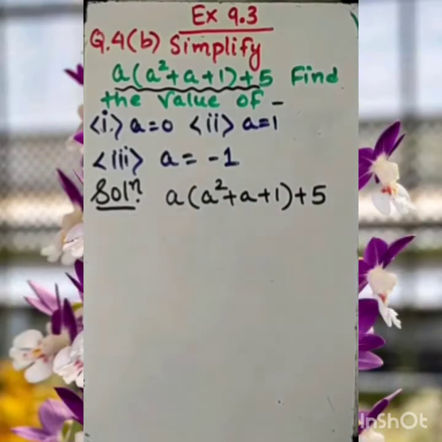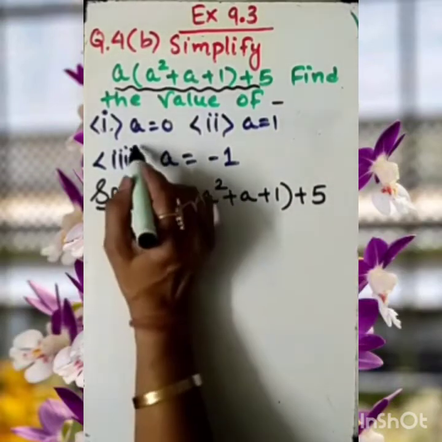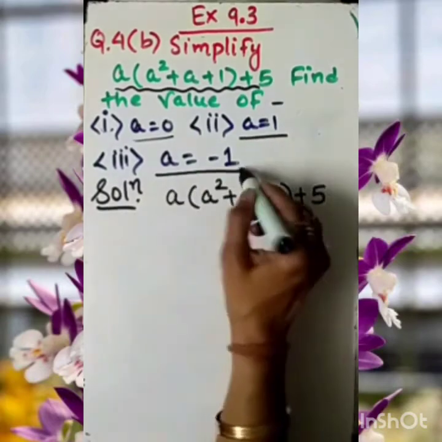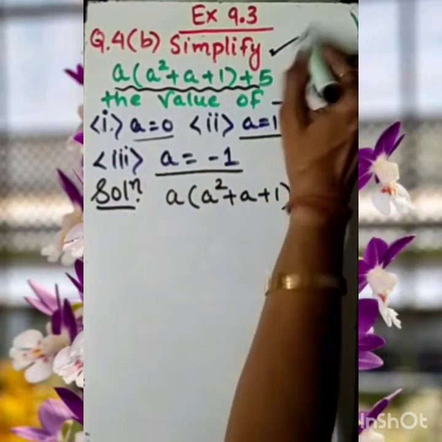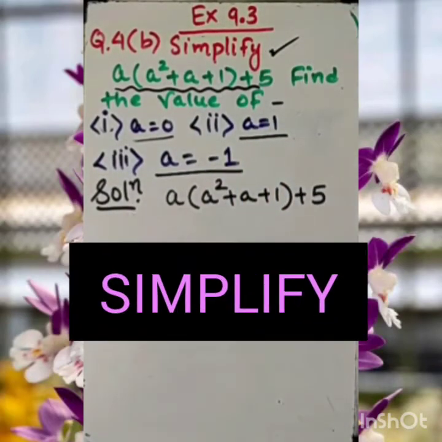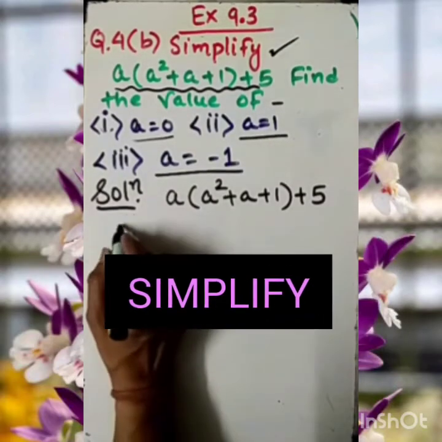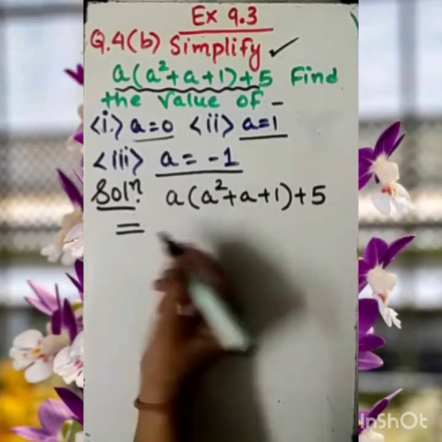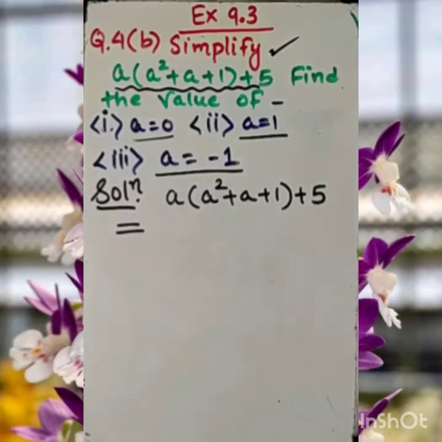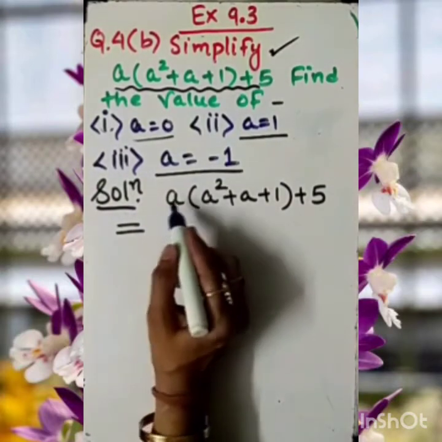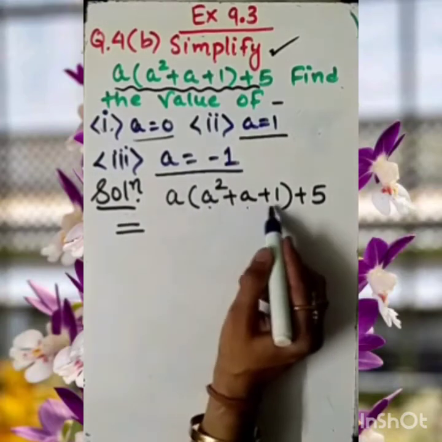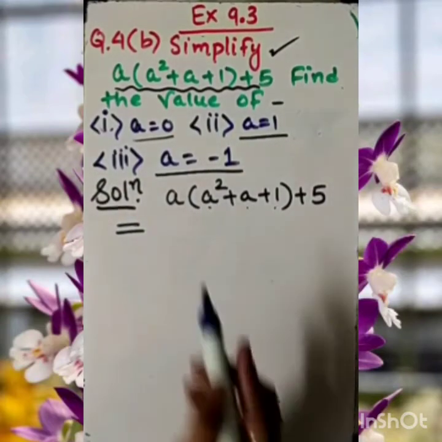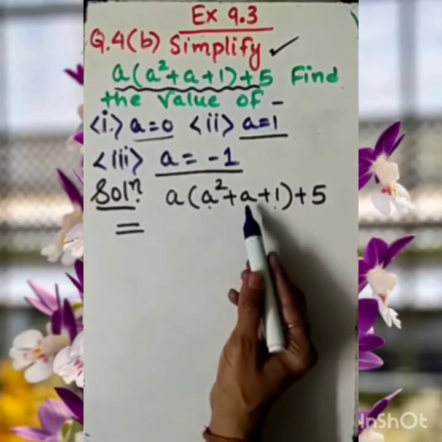Now don't jump to put the value we are given. First of all, it is clearly mentioned: simplify. So we need to simplify this expression first. How to simplify? The monomial is outside the bracket and we are going to multiply it with 3 terms, a trinomial.